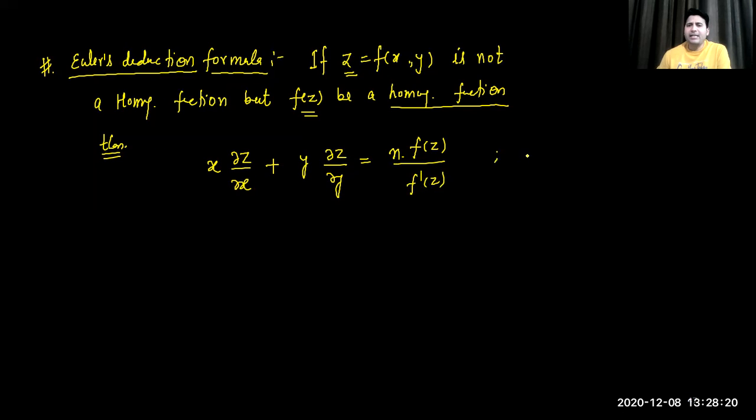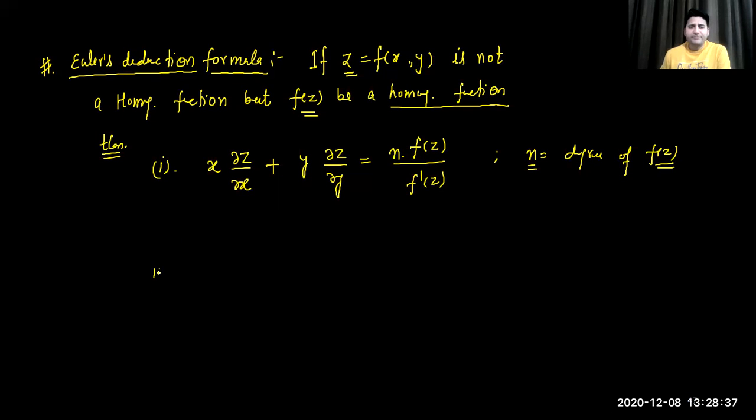What is n here? n is the degree of f(z), because f(z) is a homogeneous function, so it should have a degree, and that will be n. This is known as the first deduction formula.